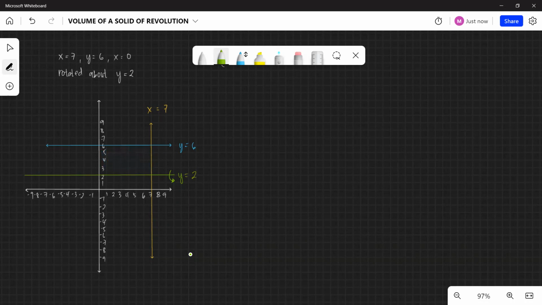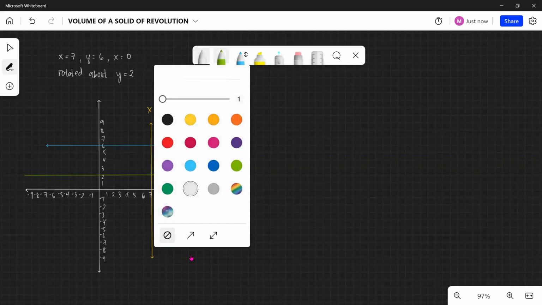Your strip must be perpendicular to the axis of rotation if you will be using the washer or circular ring method. So if the axis of rotation is horizontal, then the strip is vertical.